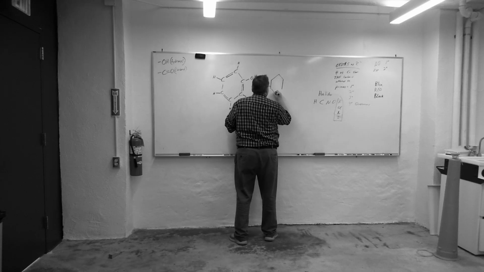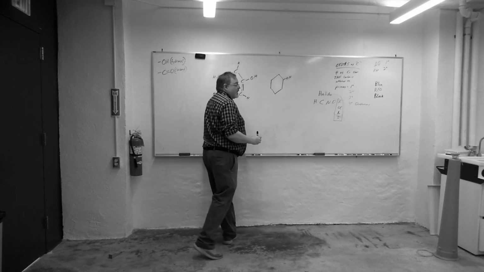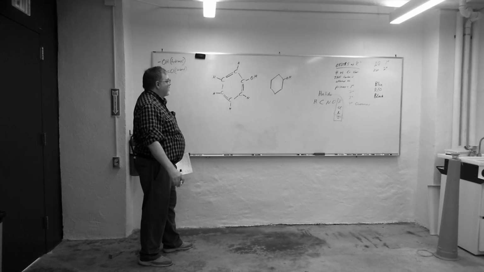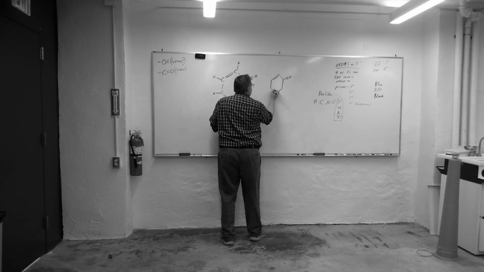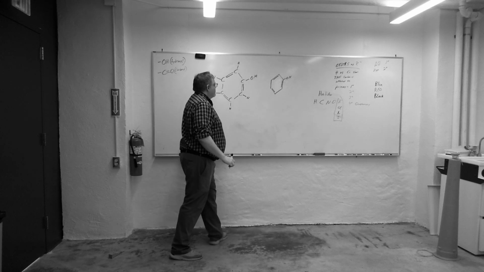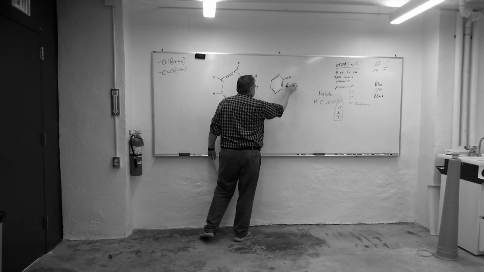You just draw a hexagon. That's another way to draw that. Just a summary form. You don't draw the hydrogens. It's very common to draw it like that. So this is a benzene ring, and this is a phenol.